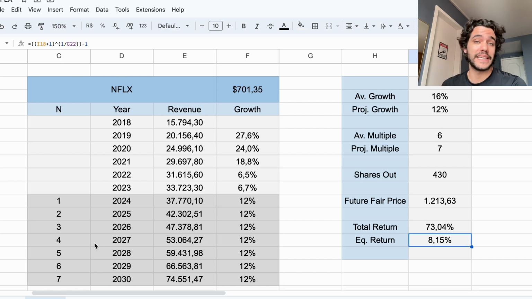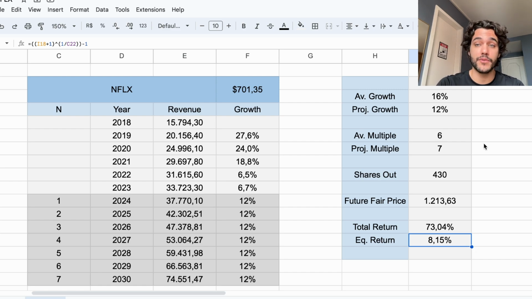Now, at what price would I start thinking about buying Netflix? As I've said, I like to have a lot of margin of safety. That's why I prefer to look for companies that are trading at very low expectations, at very low premises. So let's say Netflix doesn't grow at all until 2030, okay?